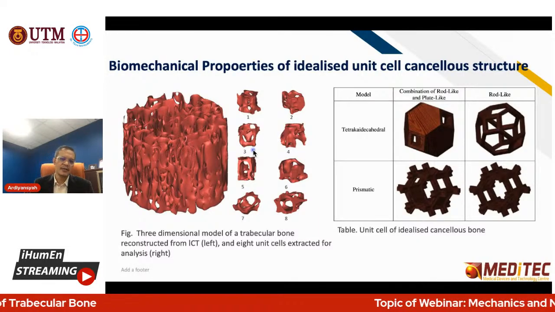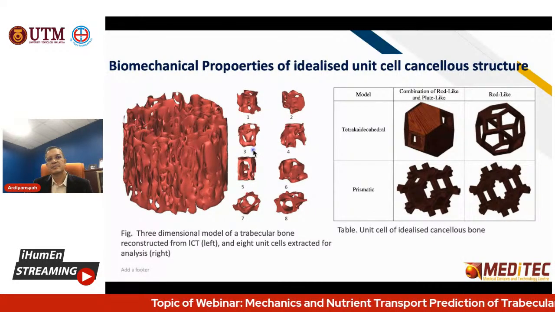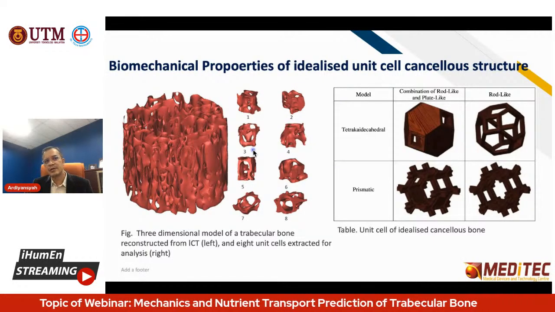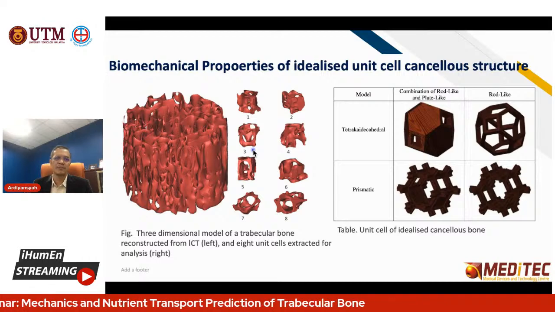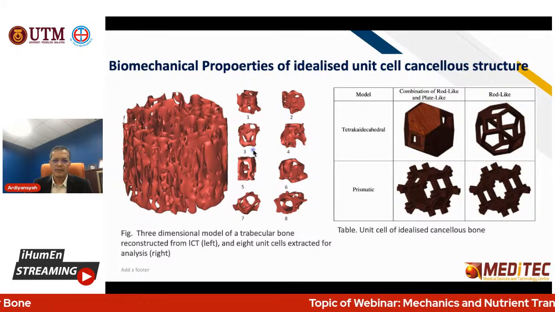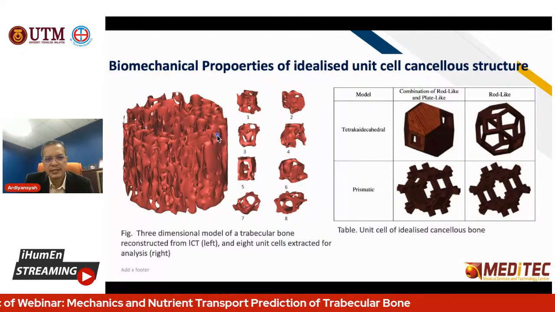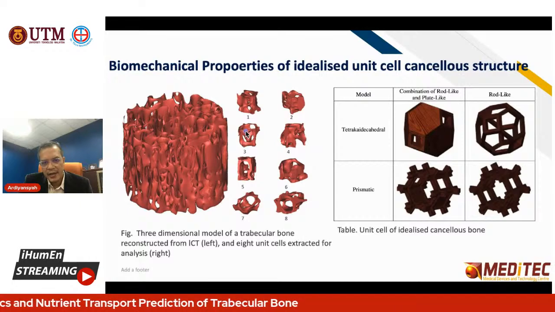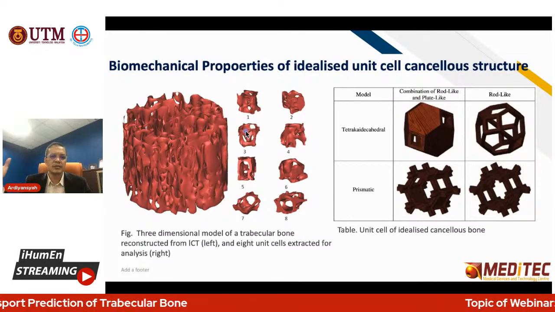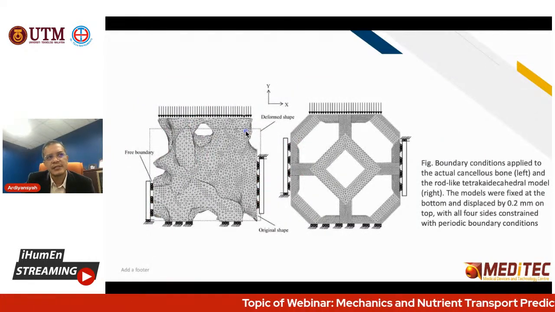After that, we can develop an idealized trabecular bone unit cell, and then compare the properties of both unit cells. Which one is better to represent the cancellous bone? Here we focus on the unit cell, then predict the whole structure. This is one example.